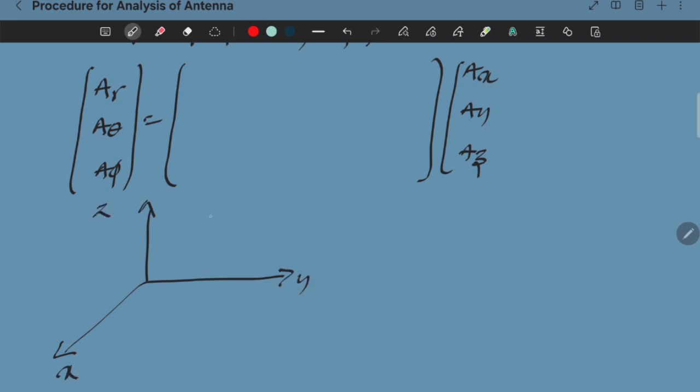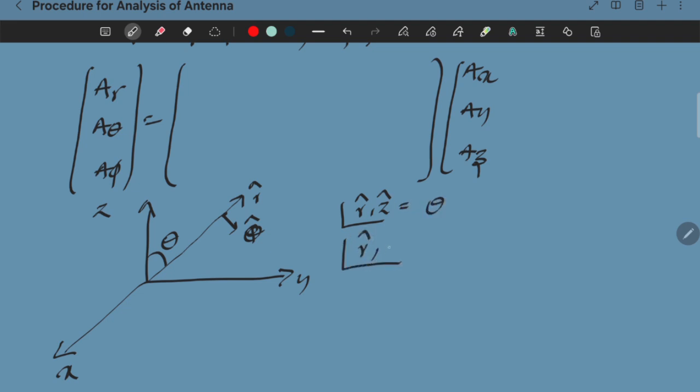X, Y, Z, the point is there having the direction of r cap, and it has theta cap. This is the distance vector. So the position vector of point P is making an angle theta with the z axis. So what is the projection of r cap on the z axis? We need angles and projections, that's it. So the angle between r cap and z cap is theta.